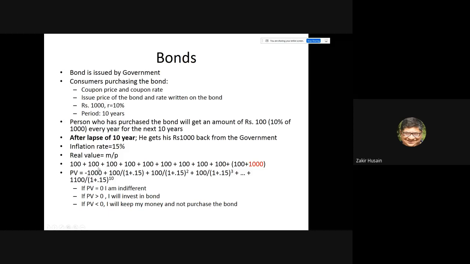You're giving away the money to the government in the first period. That is why it is negative. Then in the 10 years, you're getting back a lot of money. But remember that you're getting this in the future, so it has to be discounted. The value is not 100. The value of money has gone down, so you have to adjust it for inflation.